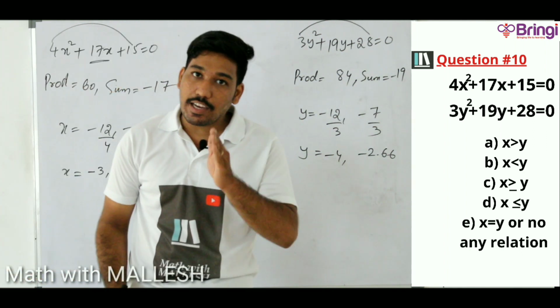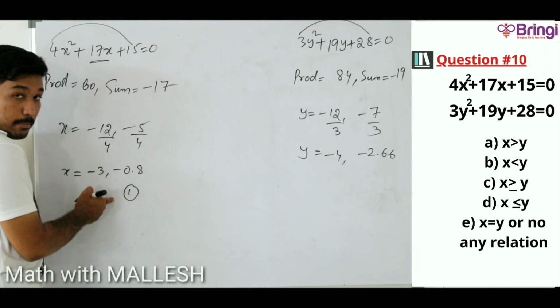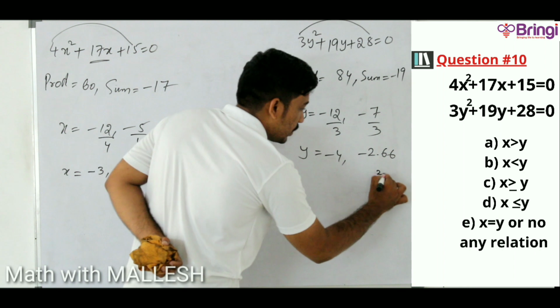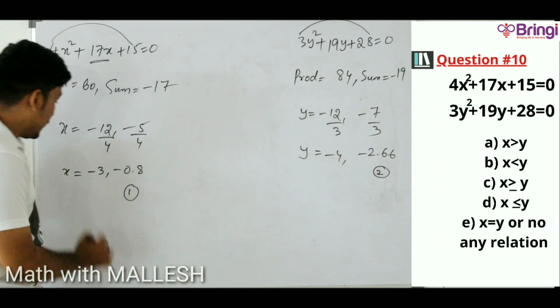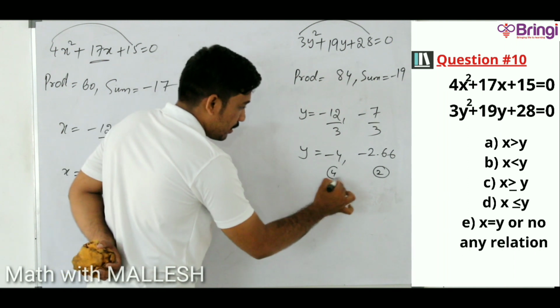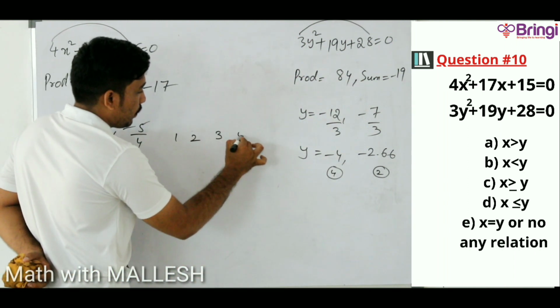Now what is the next thing? We have to give ranking. 1 is minus 0.8, and the next largest value is this one, and next 3, next 4. So rankings 1, 2, 3, 4.